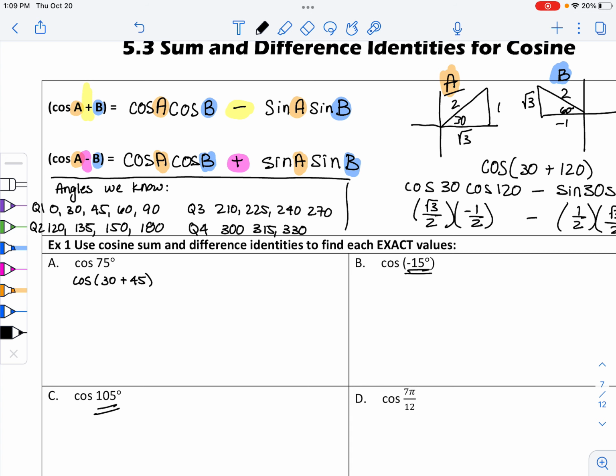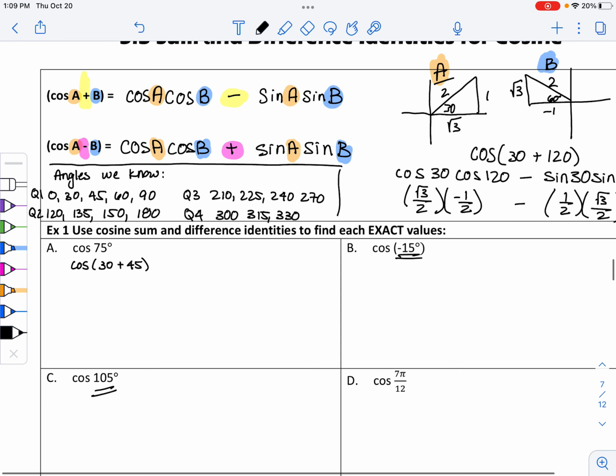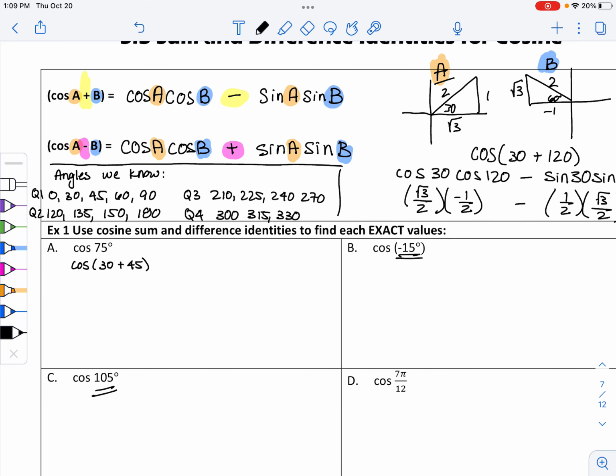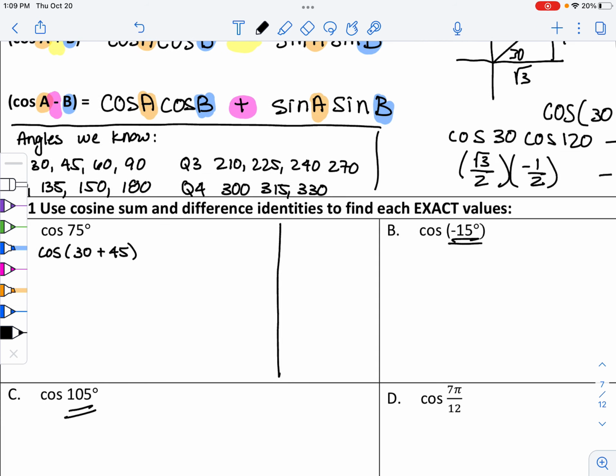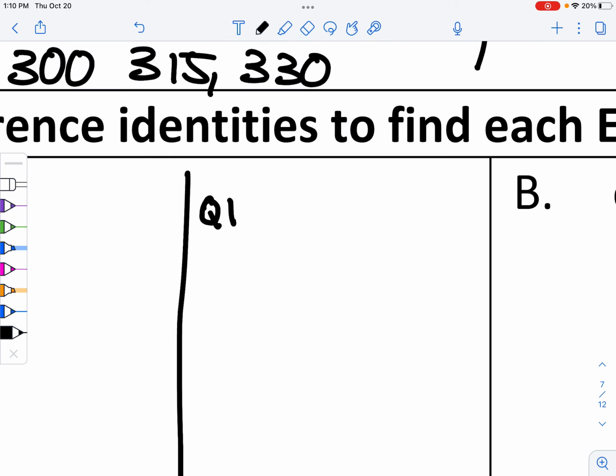Keep in mind when we start to work with our radians, which you're going to see in example D, we need to know all of those radians all the way around also. So I'm going to go on the side here just to refresh our radians. We know our radians in quadrant 1 are pi over 6, pi over 4, and pi over 3.